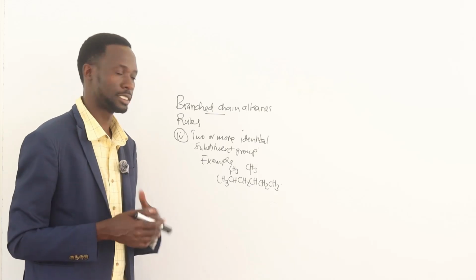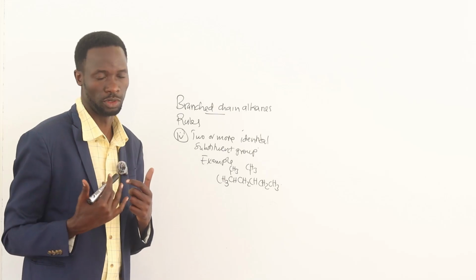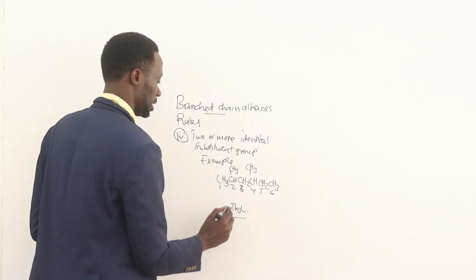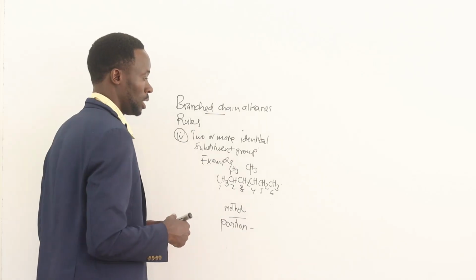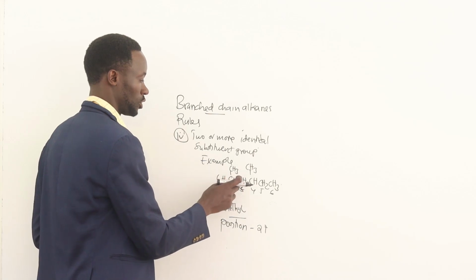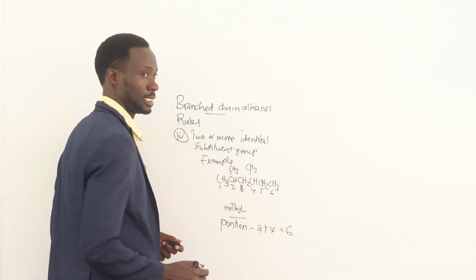So the rule says the summation of locants should be lowest possible. We have 2 methyls. Now, the position of these 2 methyls is, when we start counting, the second one will be at 1, 2, 3, 4. 4 carbon. Then the summation of these locants is 6.